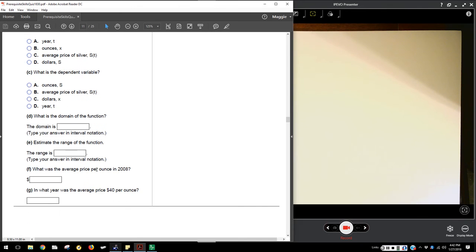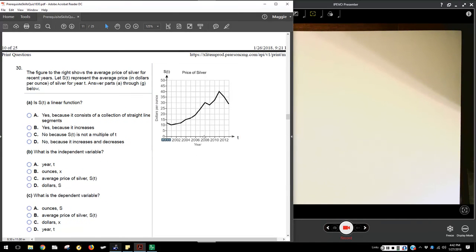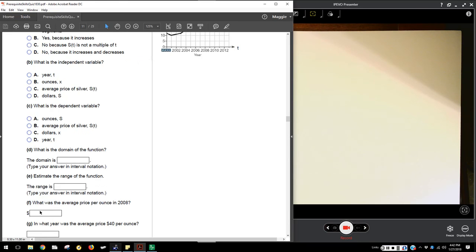What was the average price per ounce in 2008? Well, in 2008, we'll read the graph going straight up, and we see that the price of silver was $30 per ounce. And that's what you want to type in there, $30. They gave you the dollar sign.